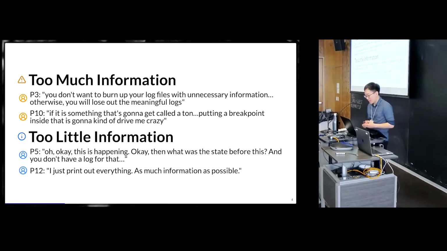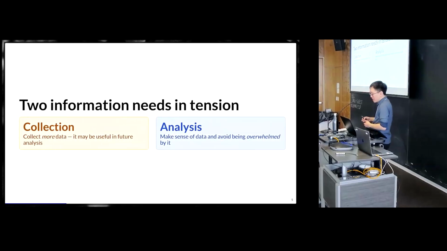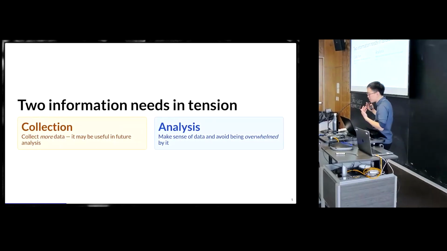On the other hand, they also worried about not having enough information. They felt this more acutely the longer that it took to get new debugging data. This negotiation process puts these two instincts in tension. On the one hand, I'm inclined to collect more information because maybe it'll help me make sense of the problem.